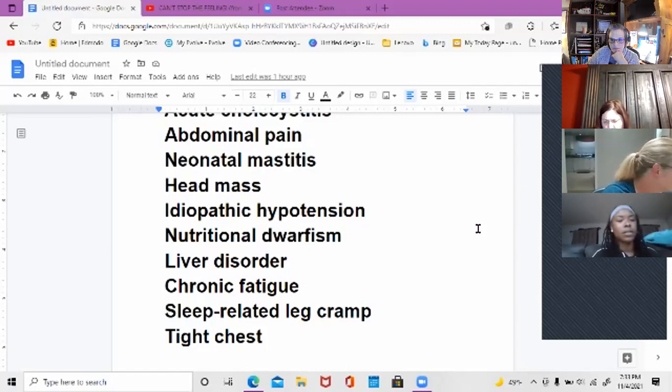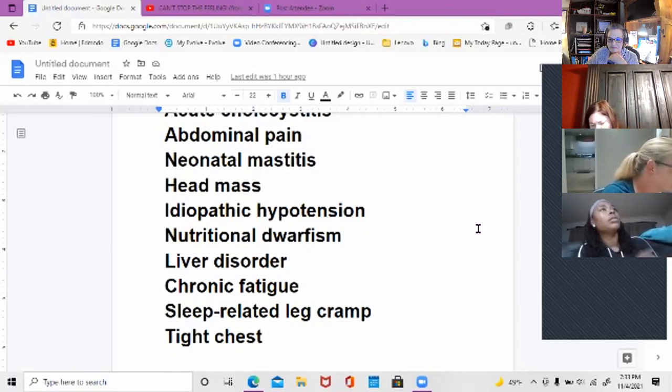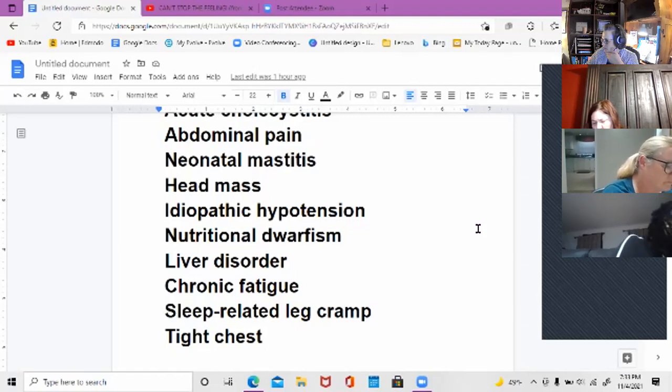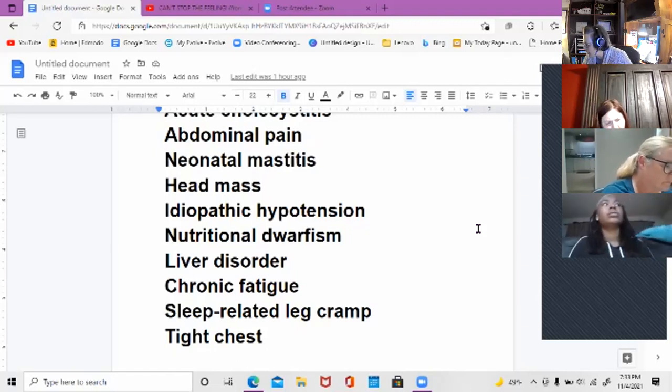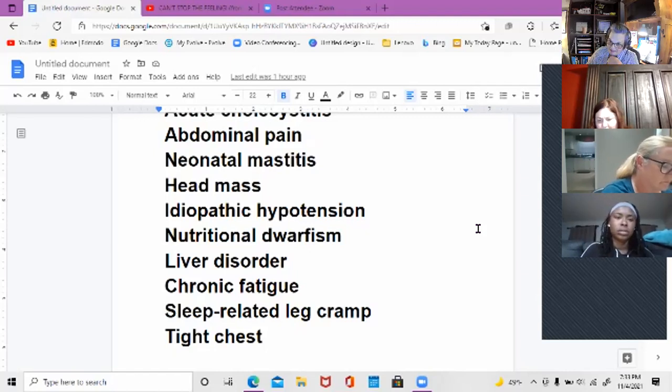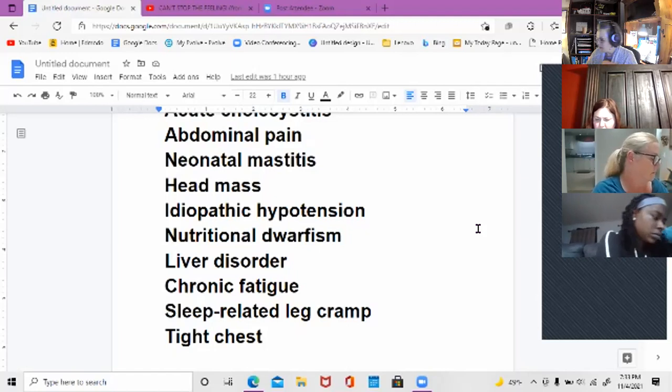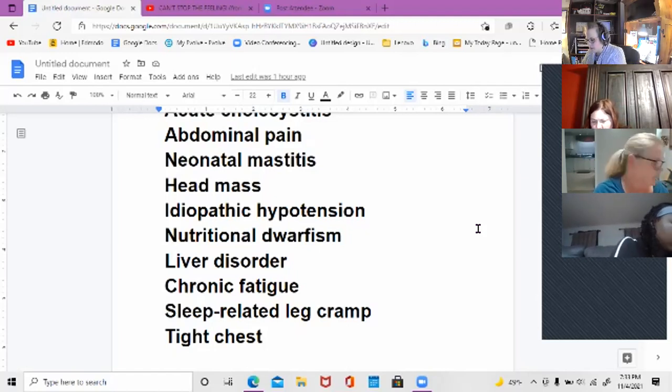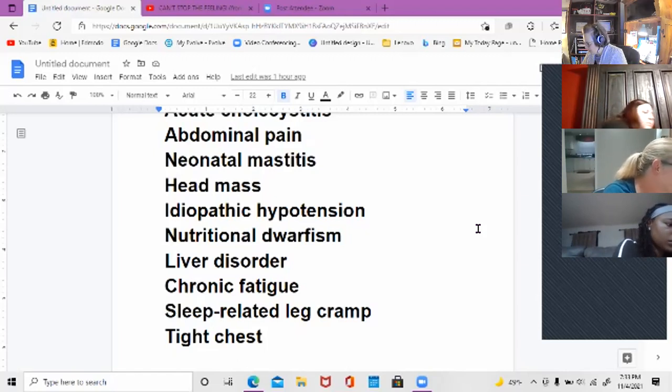I think we're almost done. I am going to tell you guys that I looked up tight. But yes, chest takes you to something else. Yeah, that chest is the anatomical site.